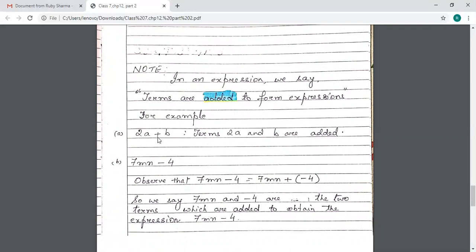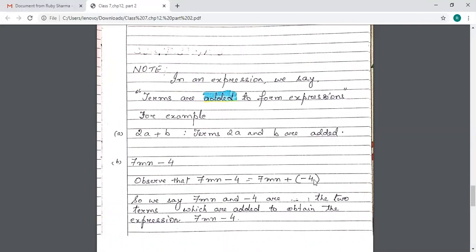So 2a and b are two terms which are added. Now in this case, 7mn minus 4, how can you say two terms are added in this case? Now here 7mn minus 4, as you have learned in the addition of integers, that 7mn plus minus 4 will give you the same result as this.